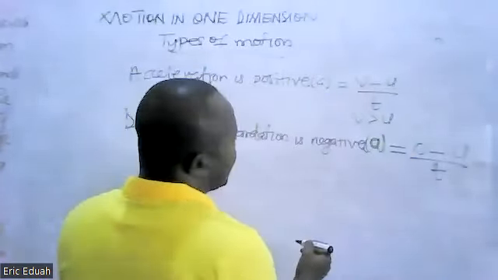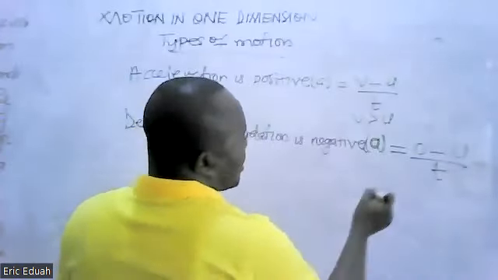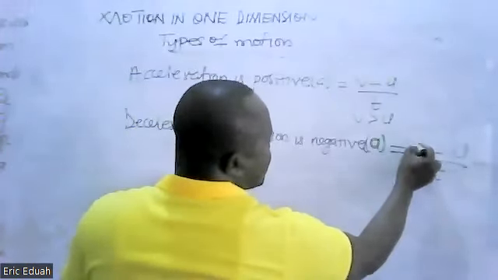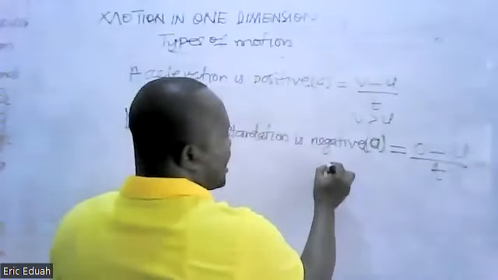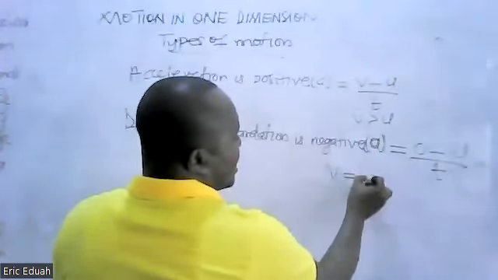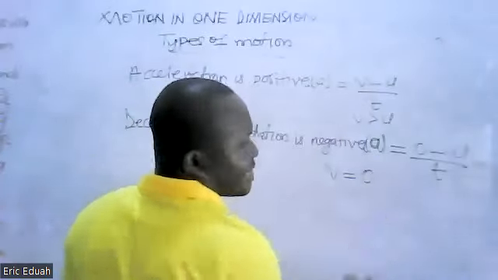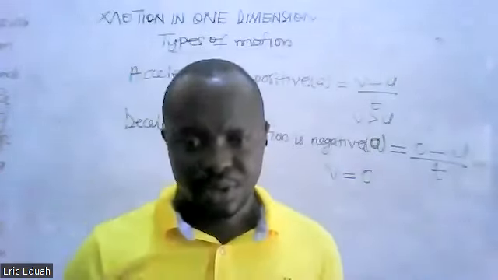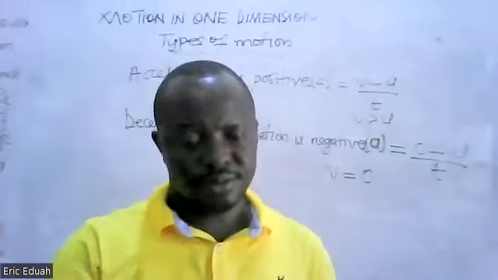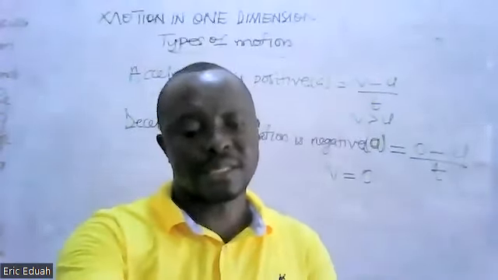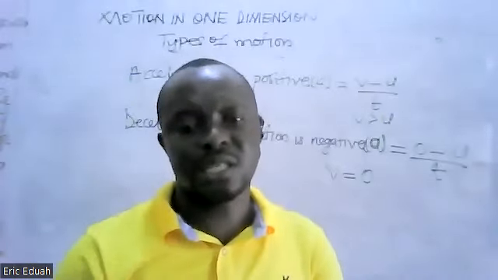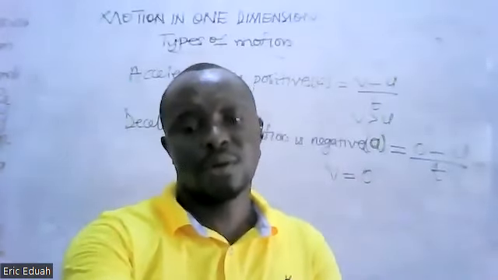I'm using a for acceleration, and then after the equal to sign, this is 0 minus u. 0 because the final velocity is 0. The body has come to a stop. When a body comes to a stop or rest, its velocity is 0.